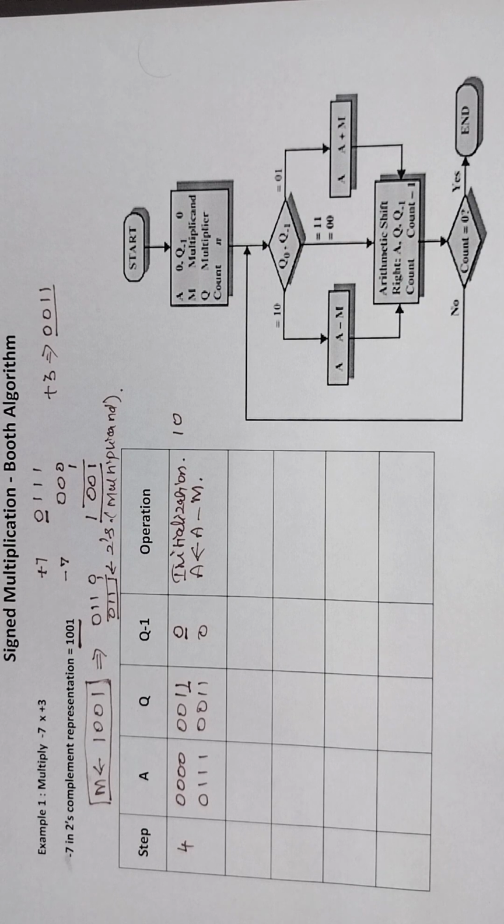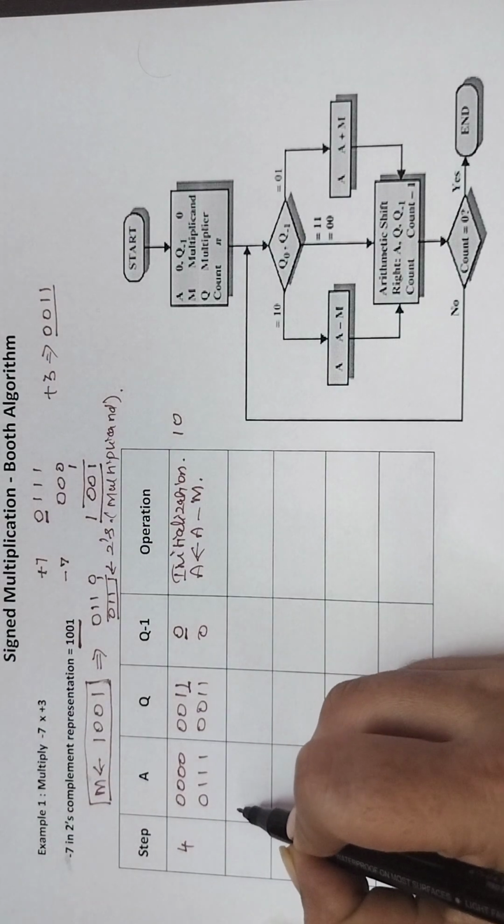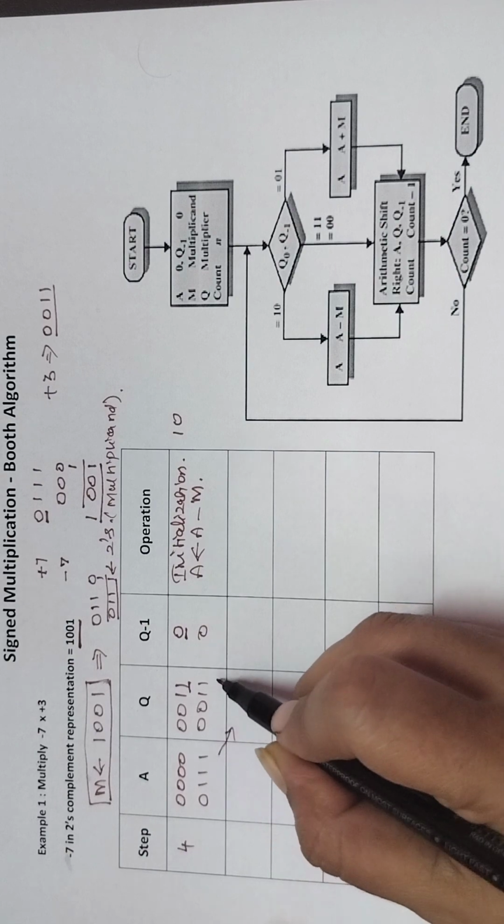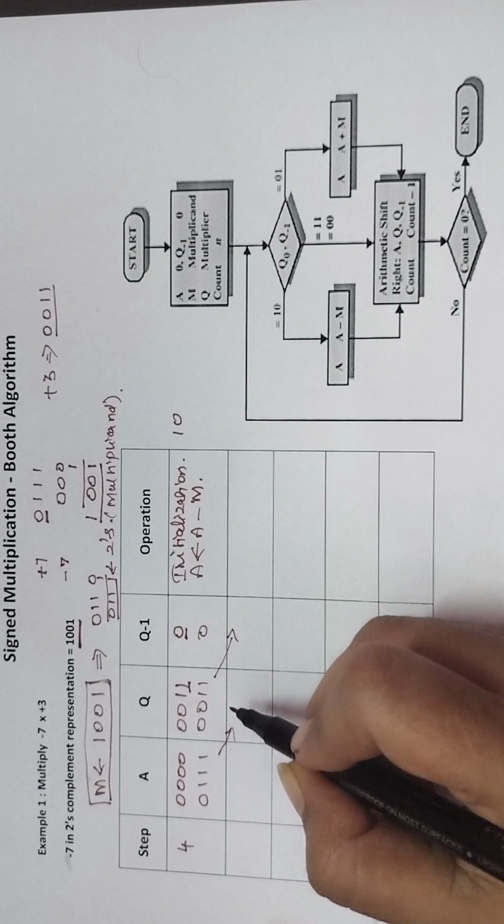Then after A = A minus M, we do the arithmetic shift and decrement the count by 1. When performing the arithmetic shift right, this bit will be here and this bit will be here, and all the other bits are shifted.